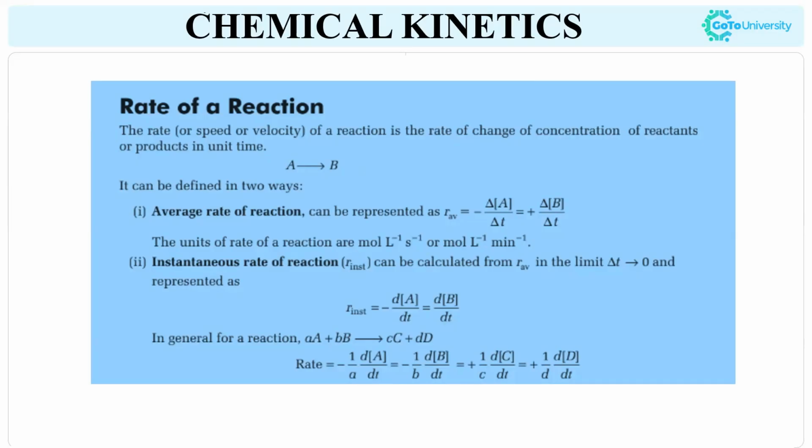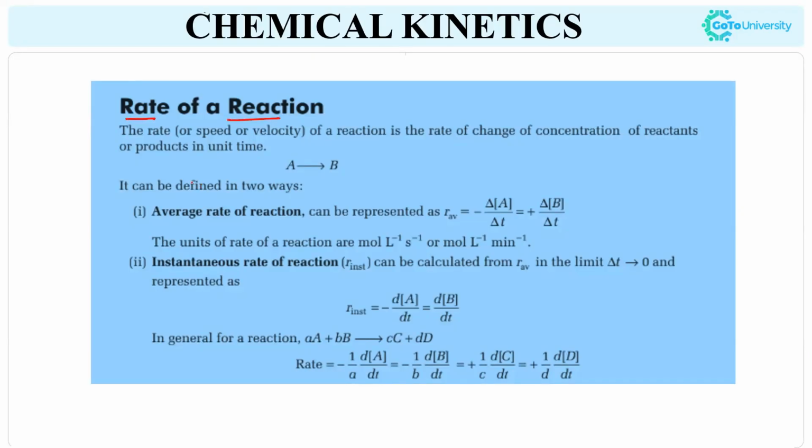Okay, so first let me introduce what the rate of reaction is. Rate means how fast the reaction is going on. In every reaction the reactants are converted into products, right? How fast the reactants are converting into products, or how fast the products are being produced, how fast the reactants are being consumed, is simply called the rate of the reaction.